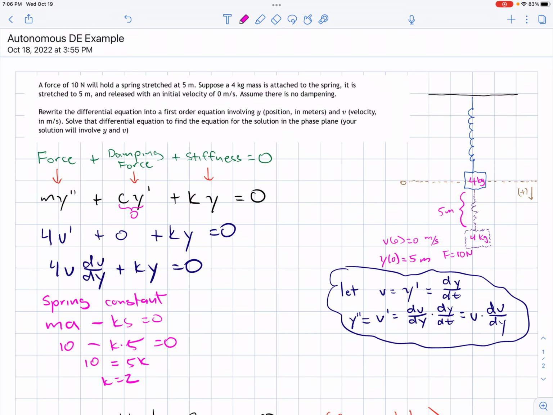So what we have is a differential equation of v times dv/dy plus 2y being equal to 0. And I'm just going to box that. We are not done, but that is a nice differential equation we have, and we can solve it.